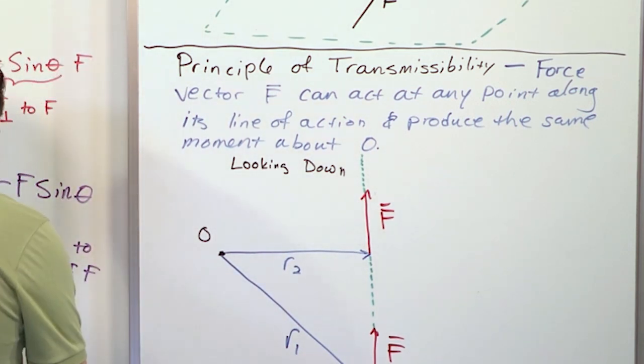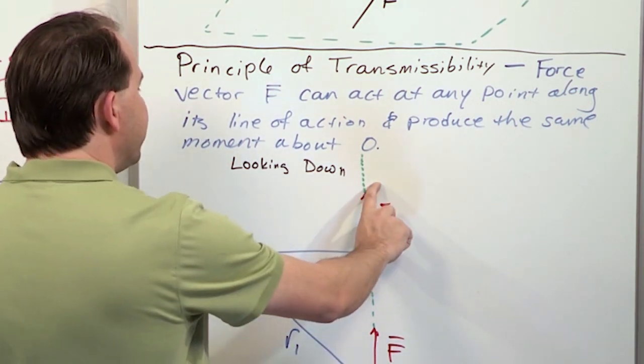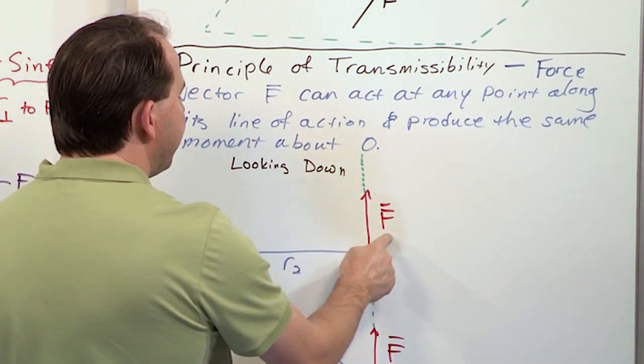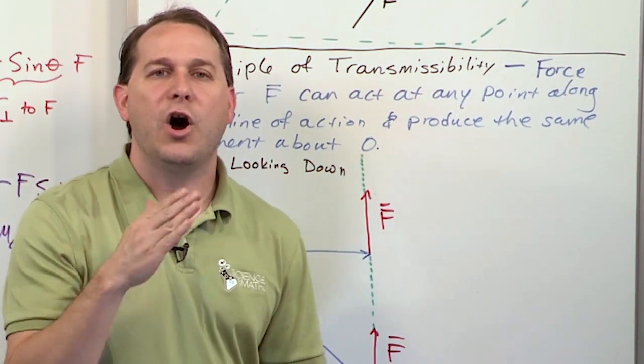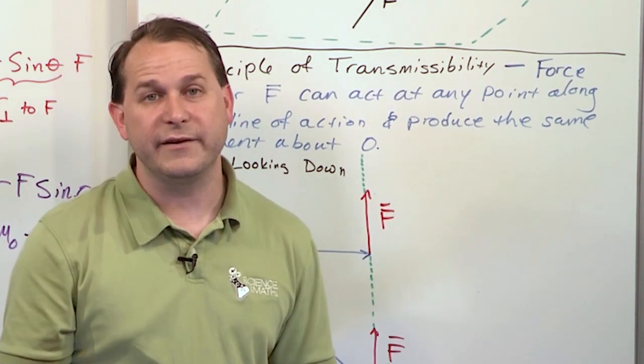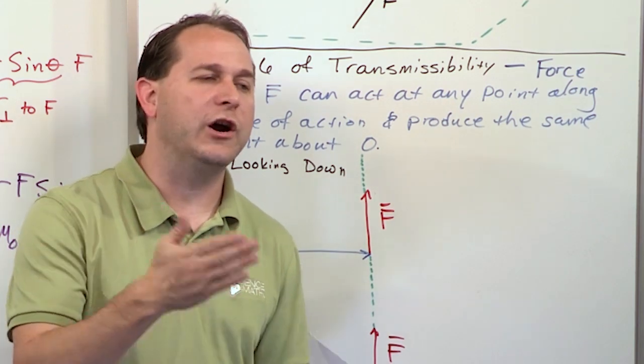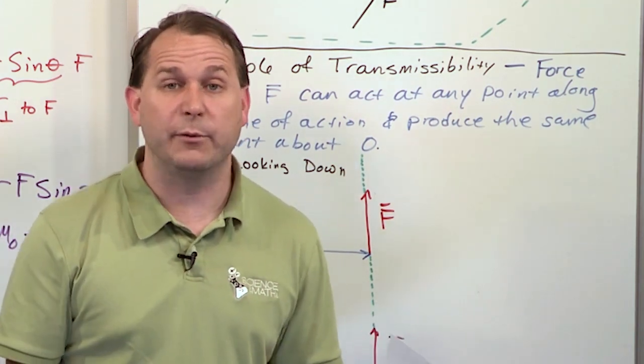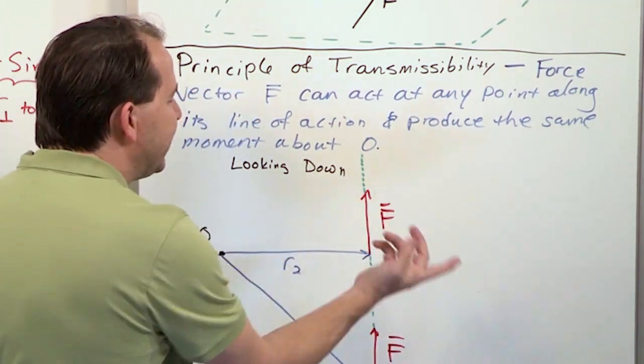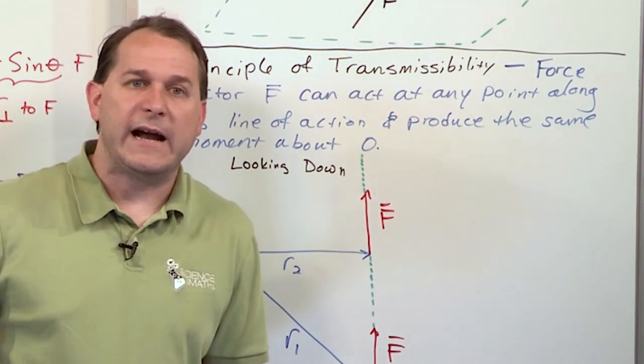We already said that here the moment was R times F, but really what we're trying to say is it's R times the perpendicular component of F, or if you're thinking about cross products, it's R cross F, or RF sine of the angle between them. But you can see this is a 90-degree angle, so sine of 90 is 1.